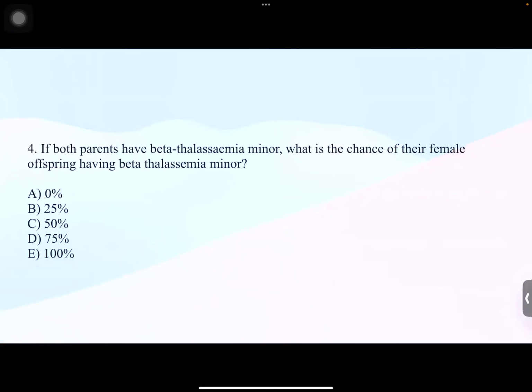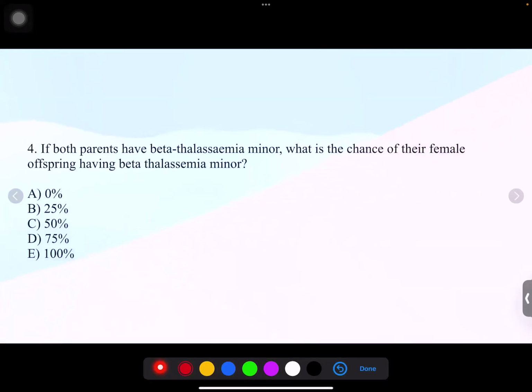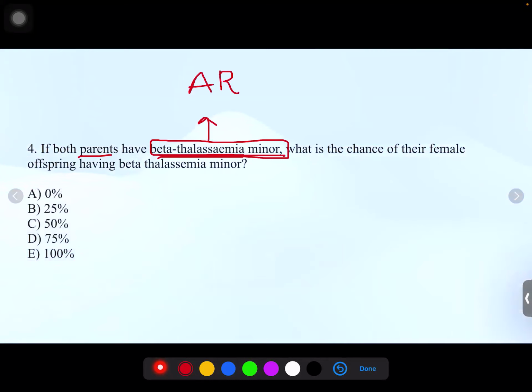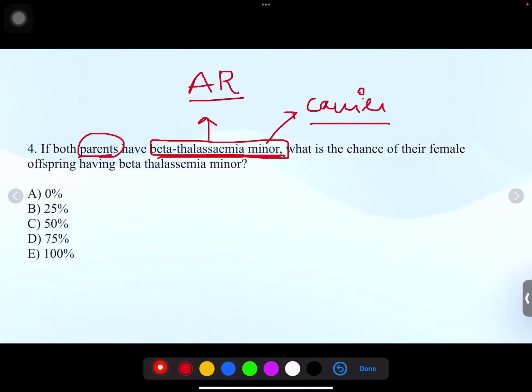So this was the basic concept. Okay, this is a very common question. If both parents have beta thalassemia minor, now you have to know the inheritance pattern of beta thalassemia. This is autosomal recessive. If both parents have beta thalassemia minor, minor means carrier status. Both parents are carriers, then what is the chance of their female offspring having beta thalassemia minor? So they have asked you about carrier status.